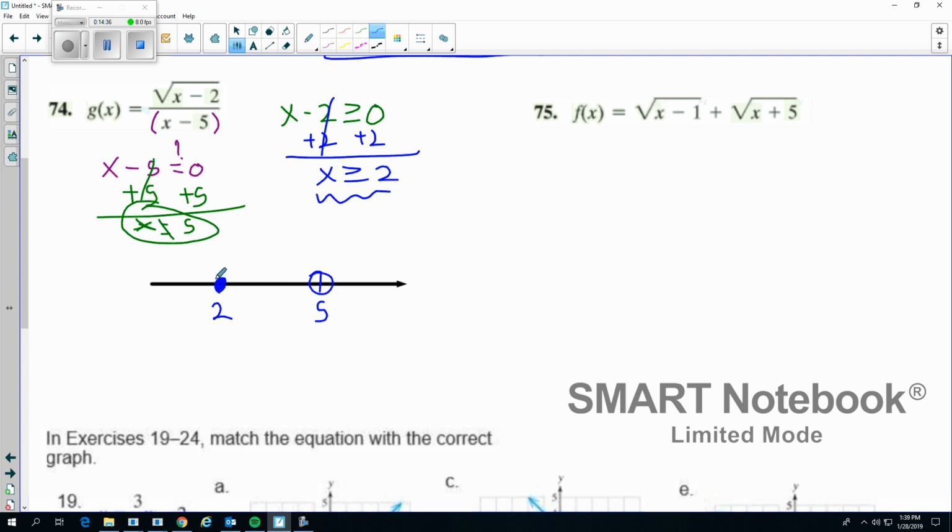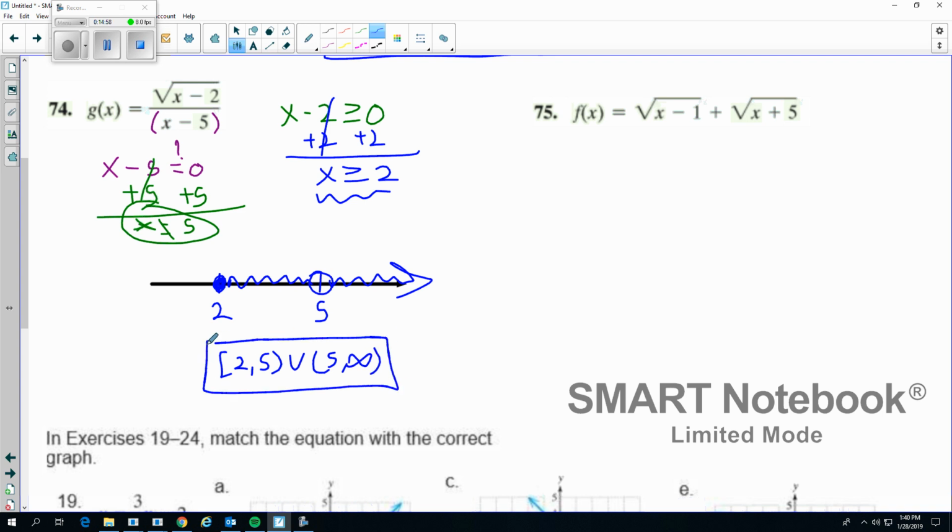So that would be 2, and then everything greater than it. But remember, it's got to meet both conditions. So you do have to exclude the 5, and then keep shading on. So our interval notation for our domain here is going to be from 2 to 5, parenthesis, union from 5 to infinity, parenthesis. There's our domain for number 74.